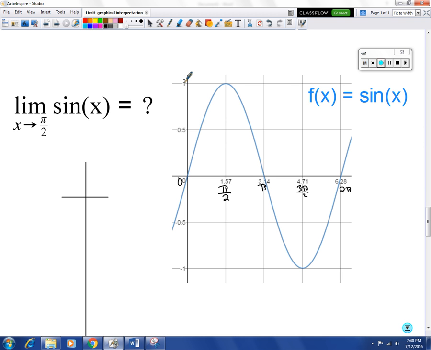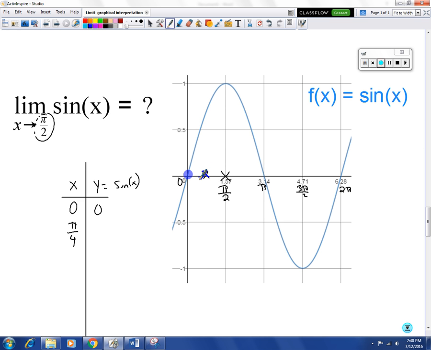Alright, so let's find the limit of sine of x as x approaches pi over 2. Here's pi over 2 right there. So my sine of x is my output. I'll pick 0. Sine of 0 is 0. That's right there. I'm going to pick pi over 4, which is exactly halfway between 0 and pi over 2, right where that little blue x is.